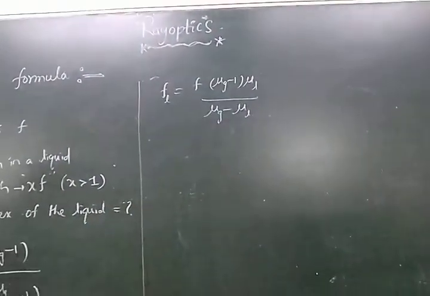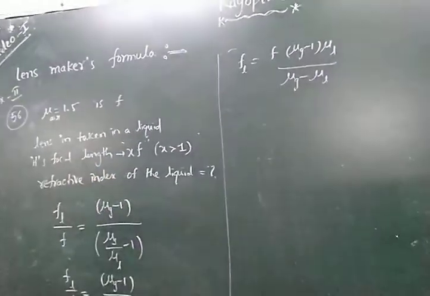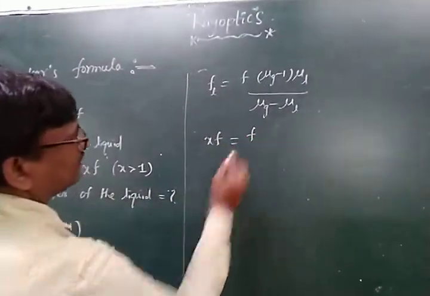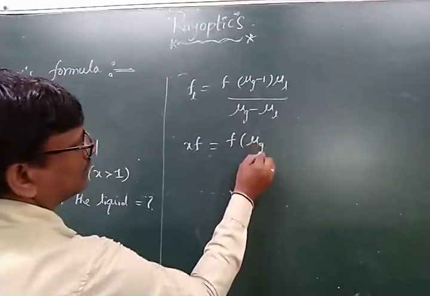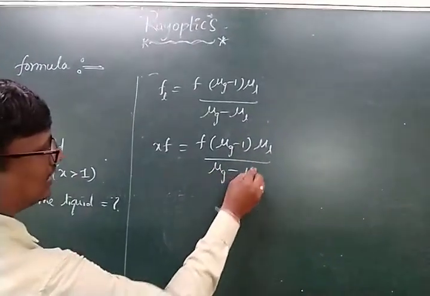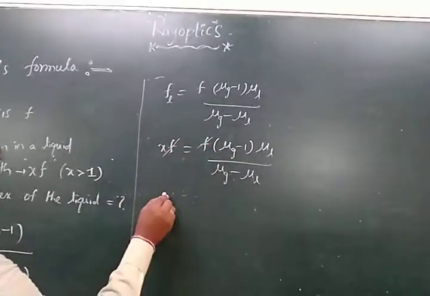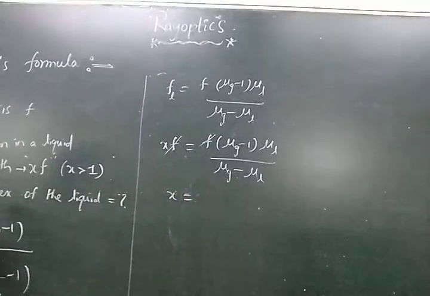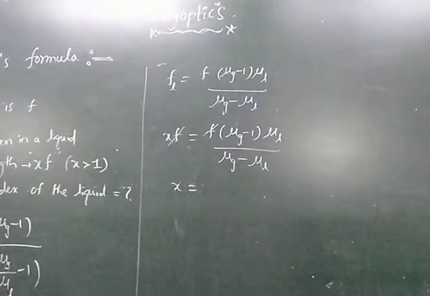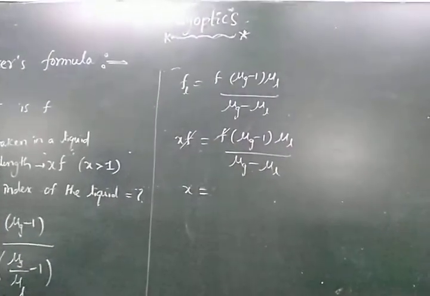But here it is given that when it is taken into the liquid the focal length is x f. So F L is equal to x f, which is equal to f into nu g minus 1 into nu l by nu g minus nu l. Then the f gets cancelled. This x is equal to, see, here the refractive index of glass is given as 1.5.